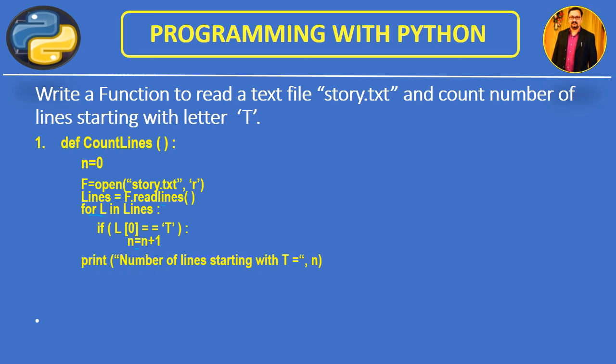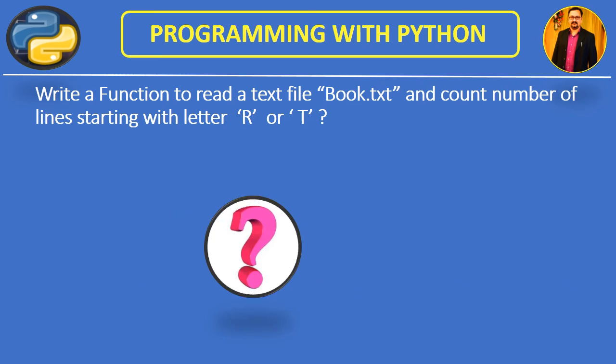After completing this loop, at the end we display the value of n using the print method, number of lines starting with T equals n. So this is similar to the last, but this time we are just counting the lines beginning with the character T. This is a question that may come in your board exams.